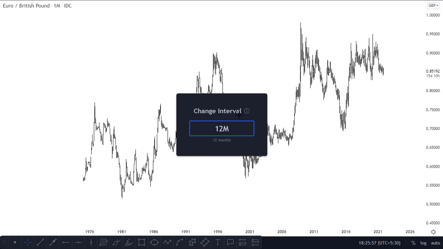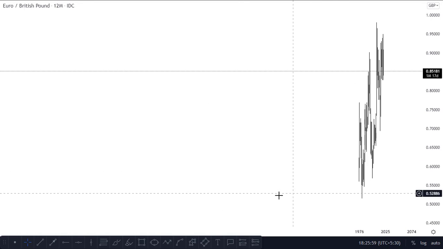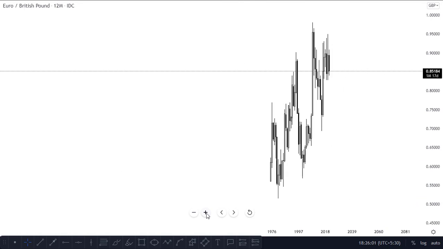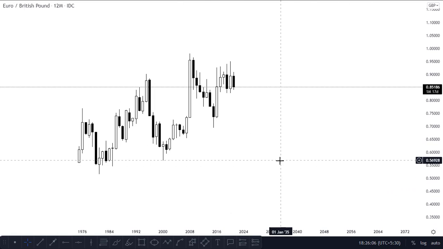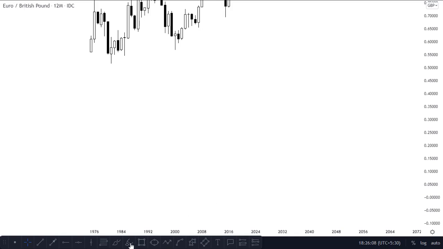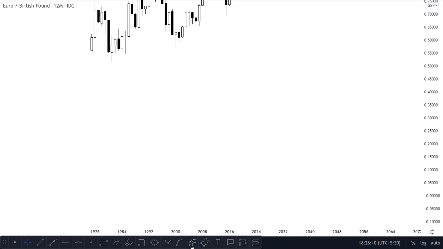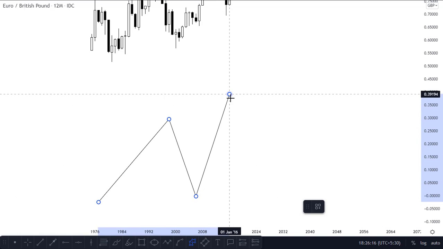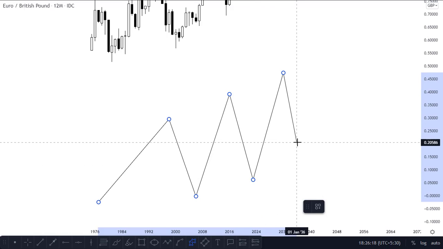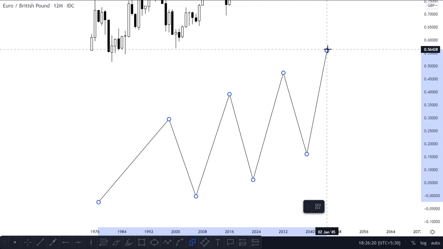For example, if you switch to the 12-month time frame, you will easily see the structure your pair is really making. You remember we've been drawing our structure, telling you that if market is pushing higher, it will be creating a series of higher highs and higher lows. So this is a bullish market.